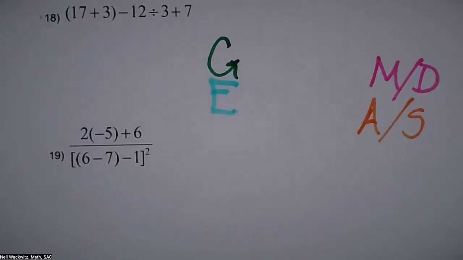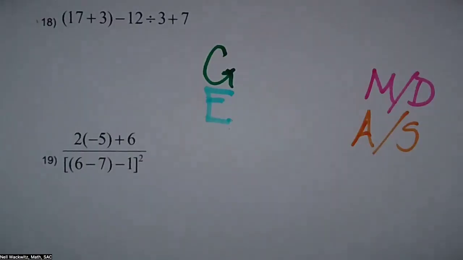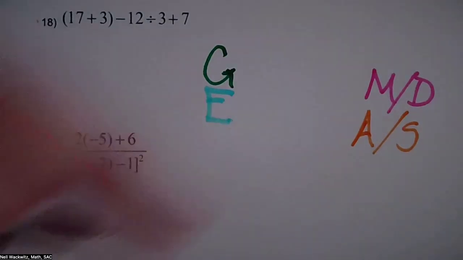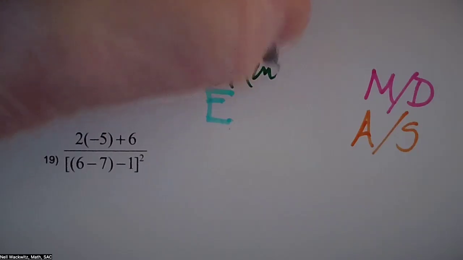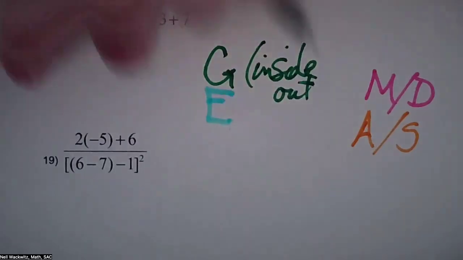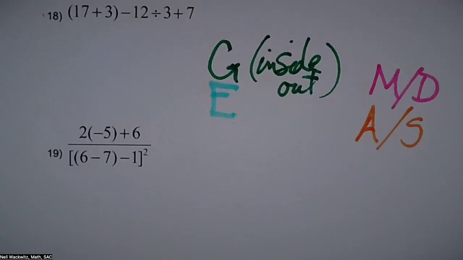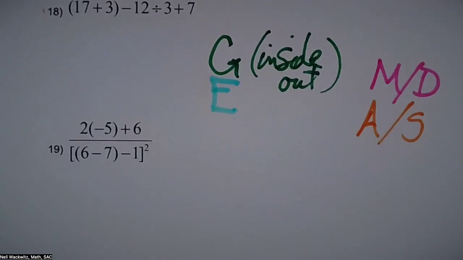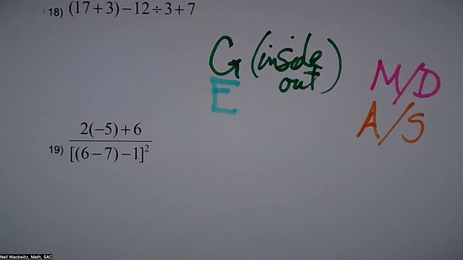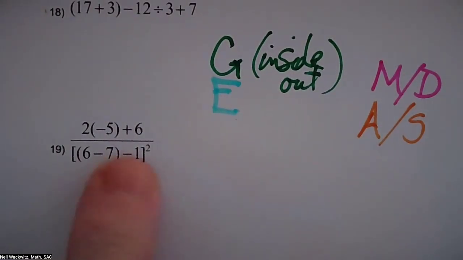So I only just got your text. So we start with grouping, and grouping is inside out. Do we have any grouping in example 19? Yes. Okay, great. Y'all are pretty awesome.